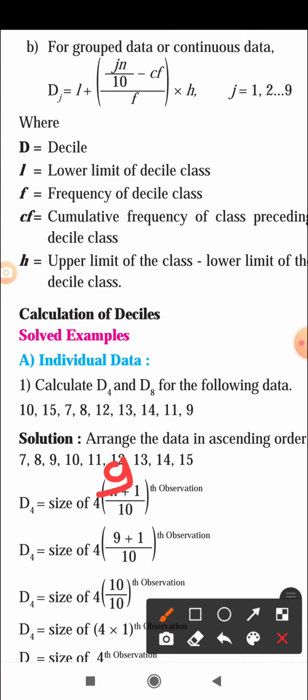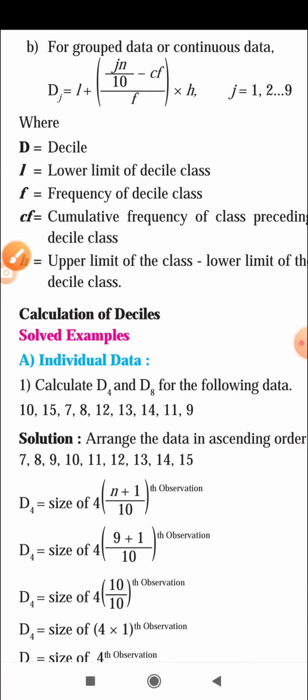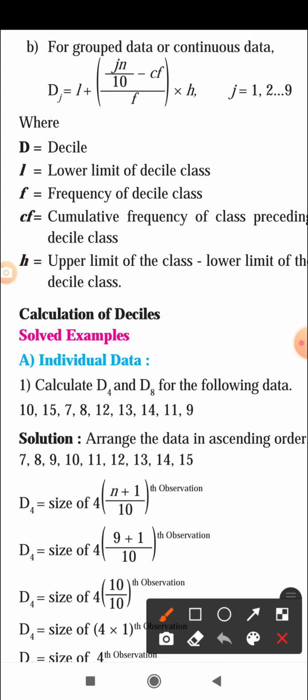9 plus 1 upon 10th observation. Next, D4 is equal to size of 4 into 10 upon 10, that is 1. That is this step, 10 upon 10.